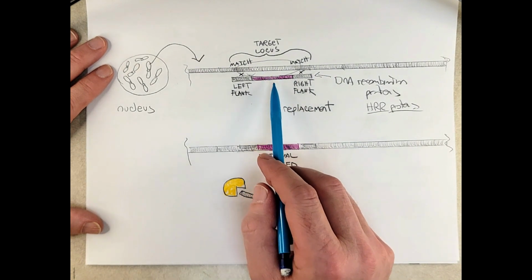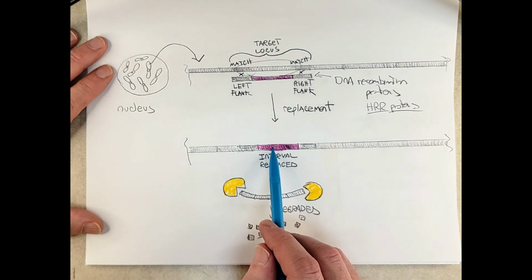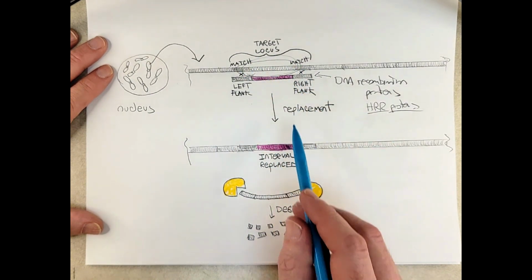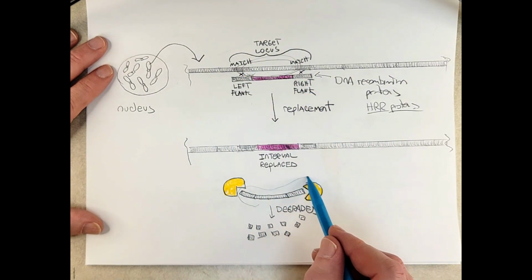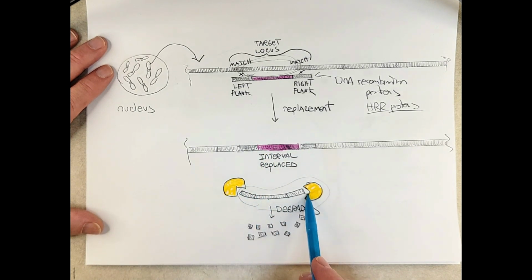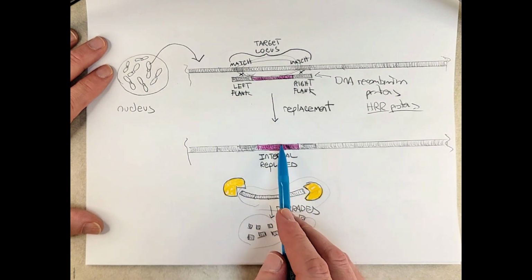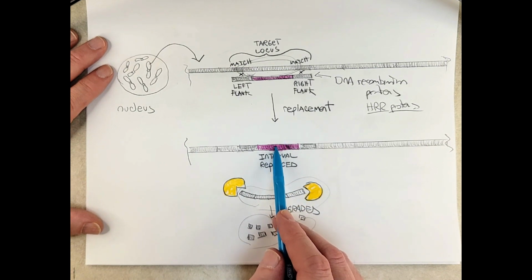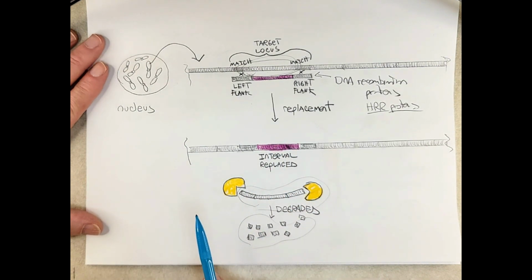As a result, we have the DNA replacement vector now integrated into the chromosome, and the DNA that it replaced ends up outside, not integrated into the chromosome, and most likely degraded by exonucleases or endonucleases, but either way, degraded. And so that's lost. Okay, so we have the DNA replacement vector, the antibiotic resistance gene, inserted into the genome.